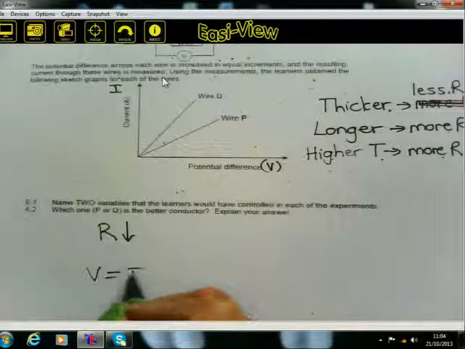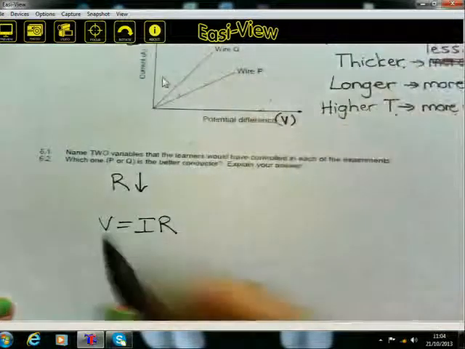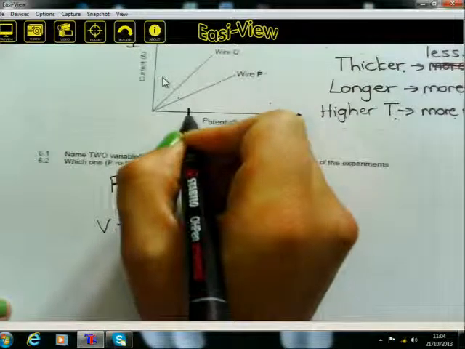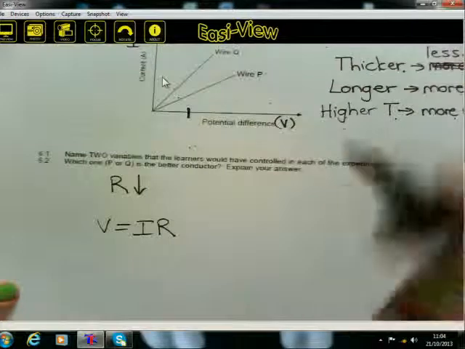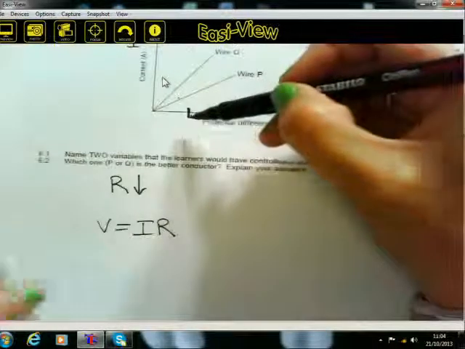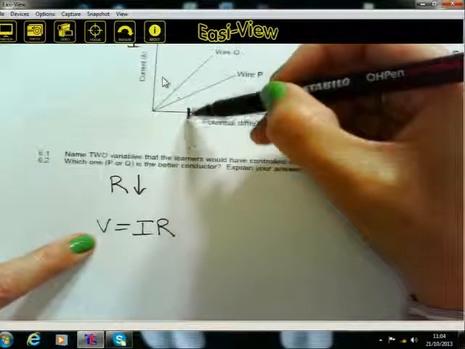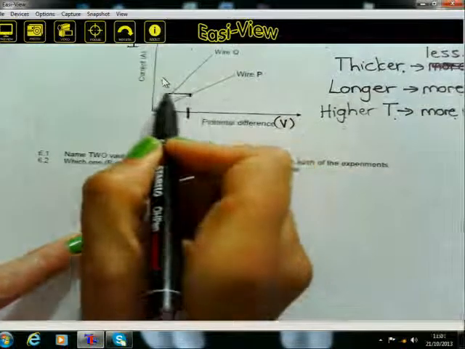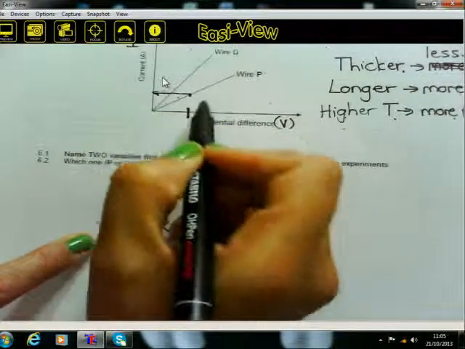V equals IR. So we have the same battery over both. So V, let's go and look at potential difference. Let's take this potential difference for instance. If you go up in the graph, we'll see that for the same potential difference, P has a lower current.